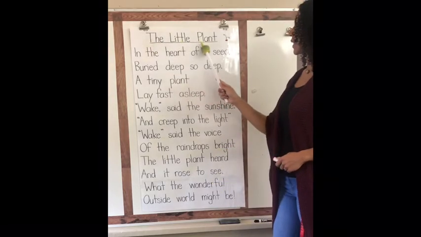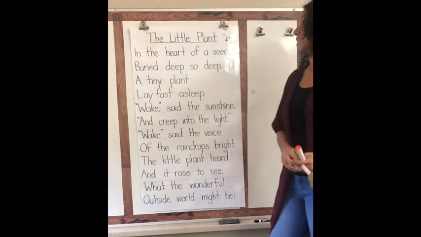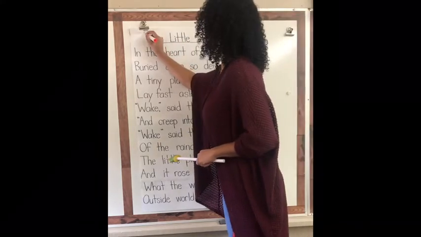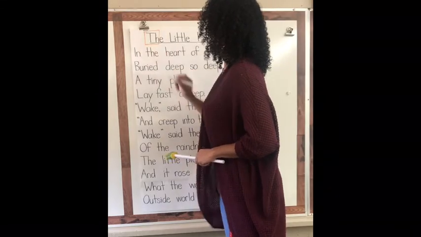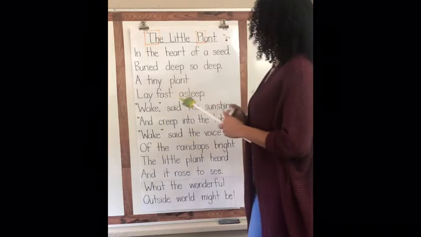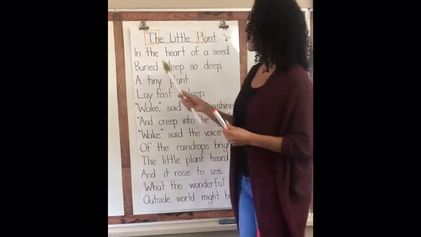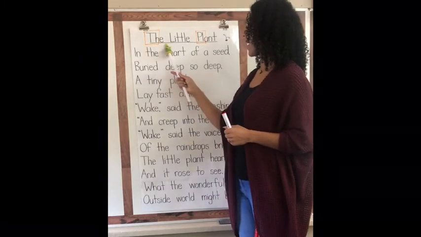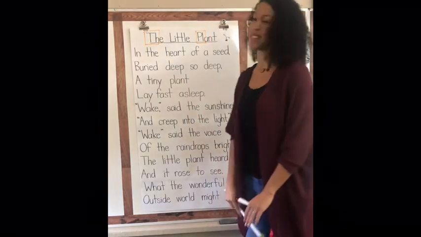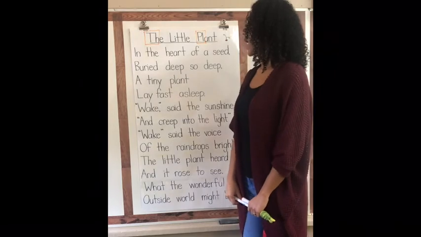The little plant. Now, right in the title, we always start with the title, I see TH, the little plant. Okay, so when we're reading, we don't have to say t-eh, t-eh. I don't know what that word is. It doesn't make sense because that's not a word.